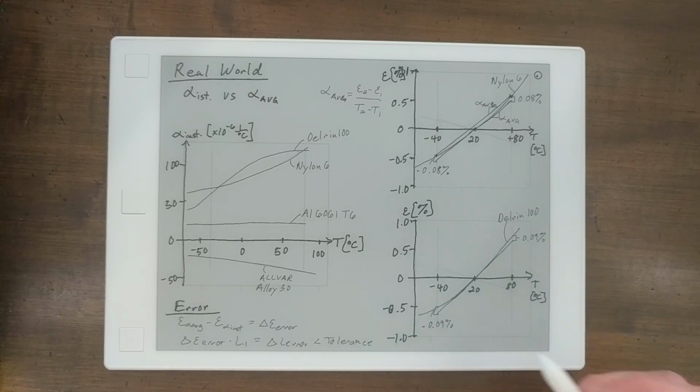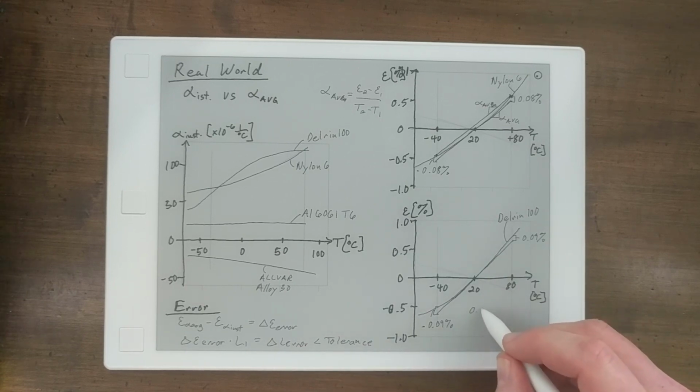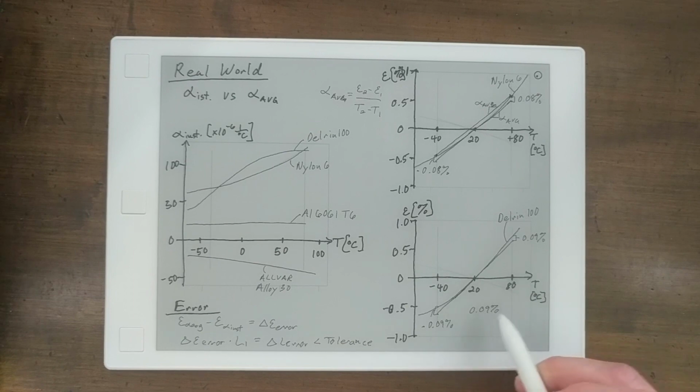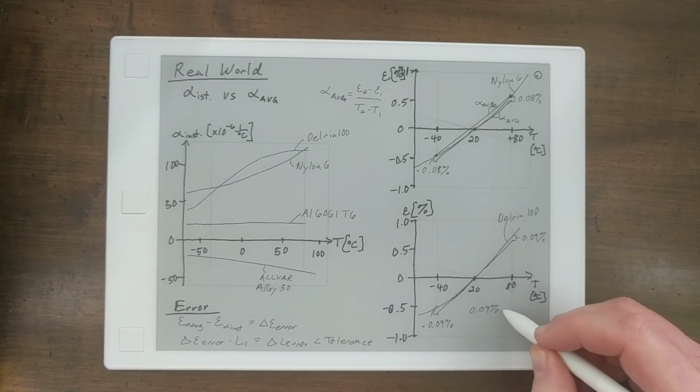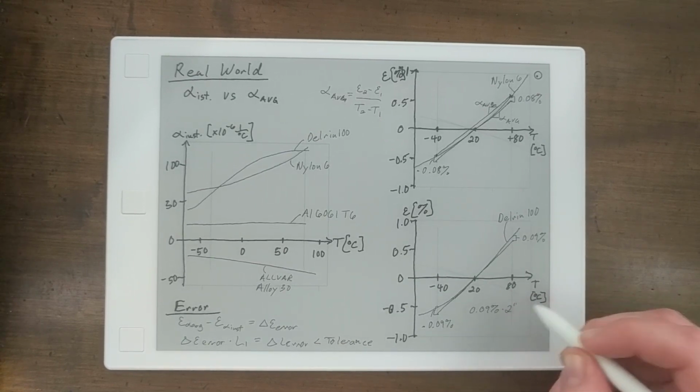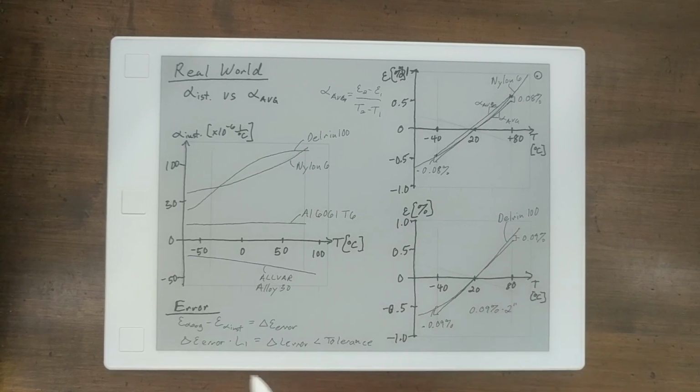So for example, if you have 0.09% error times a 2-inch part, that would be the original length of that part, your delta L error will equal 0.0018 inches.